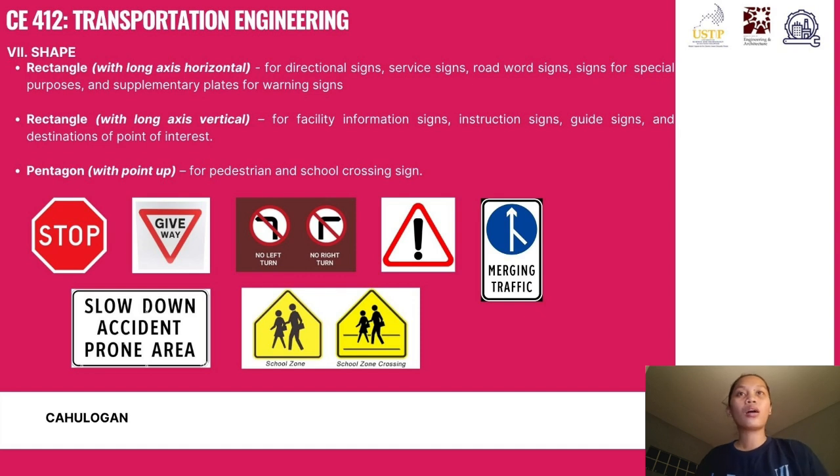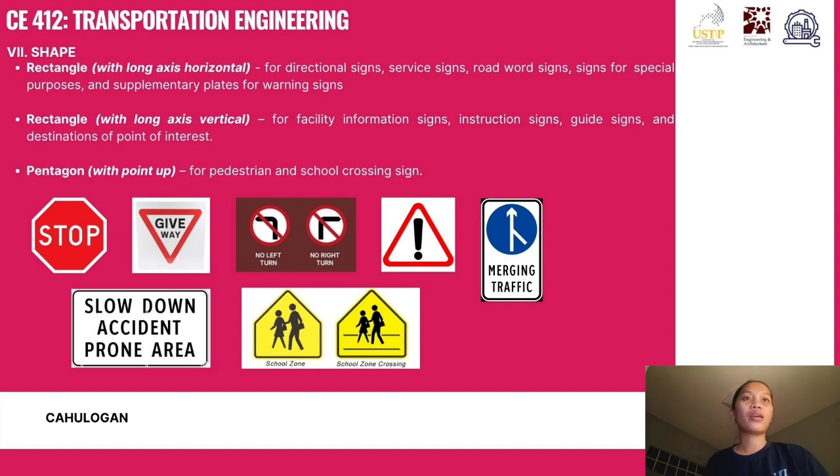Again, we have here the stop sign, which is the octagon, and then the give way sign, which has the equilateral triangle with one point vertically downward. And then we have the circle, which is used for the regulatory signs. And then we have another equilateral triangle, but in an upward position.